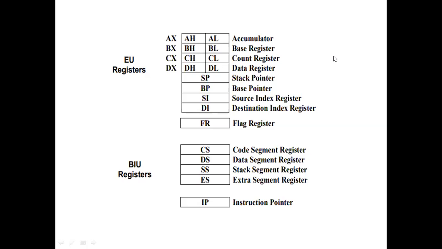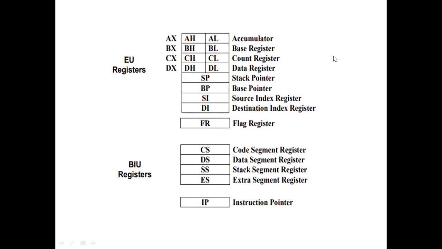Why did we suddenly introduce segmented memory? What is the reason behind it? 8086 has a 20-bit address bus, so it can address a maximum of 1 MB of memory, and each memory location is addressed by a 20-bit address.